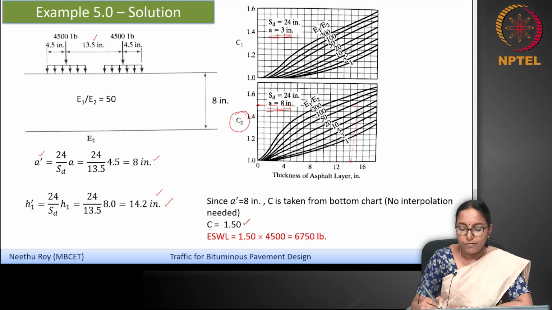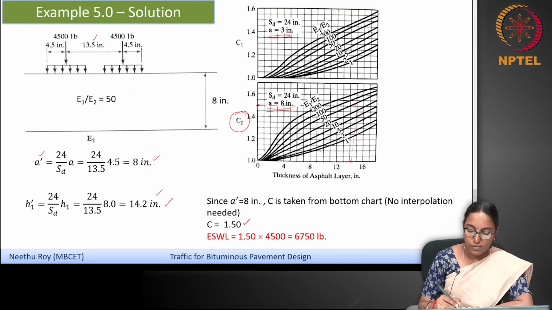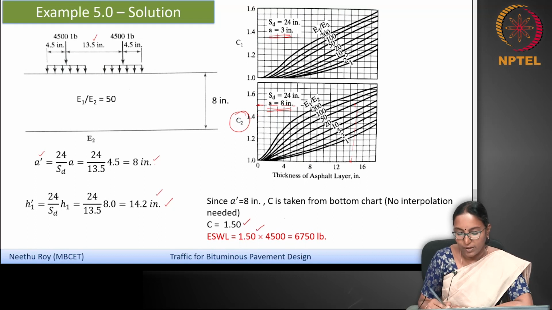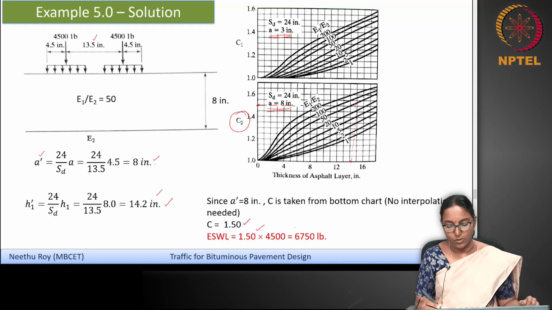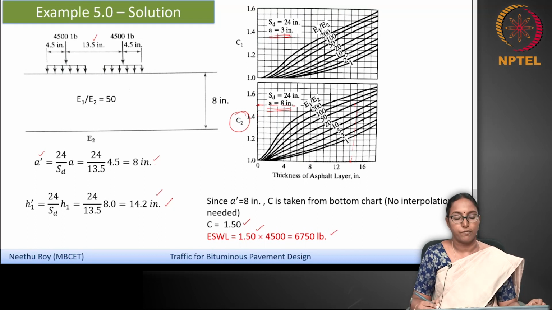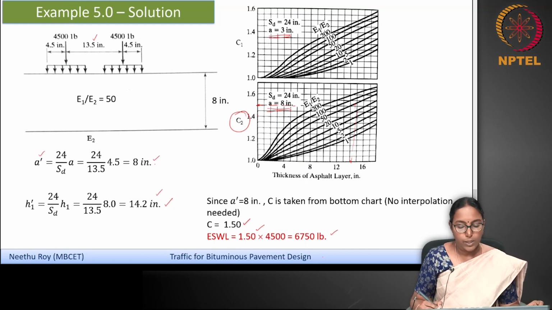So the conversion factor for the tensile strain can be read from this chart for a dual wheel, which is 1.5, and multiplying it with the one dual wheel load, or half of the dual wheel, which is PD, will give you the equivalent single wheel load. So this C value multiplied by 4,500 gives 6,750 as the equivalent single wheel load.